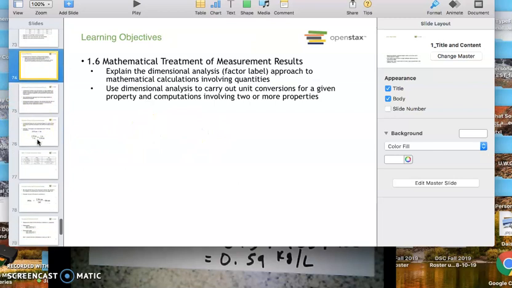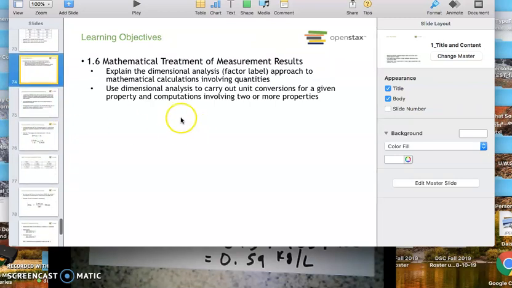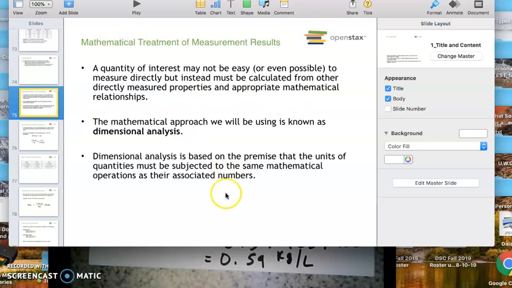Alright, so the last section of chapter 1 is dealing with dimensional analysis, okay, and involves math calculations using dimensional analysis to carry out unit conversions.